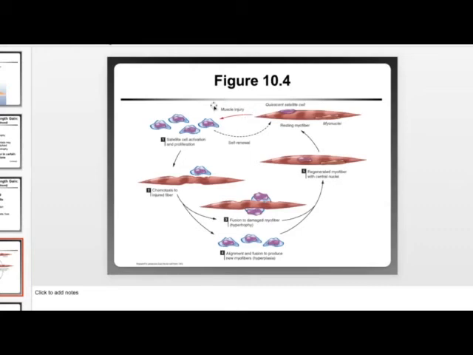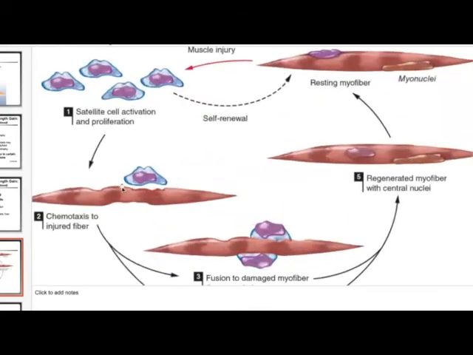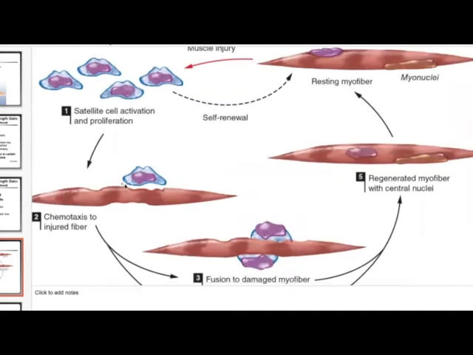So these muscle injuries right here we'll talk about are exercise related injuries, all right? Not necessarily catastrophic injuries. What'll happen is these micro damages result in a release of these satellite cells, and these satellite cells travel to where the injury is, all right? So they travel to where these micro damages are.